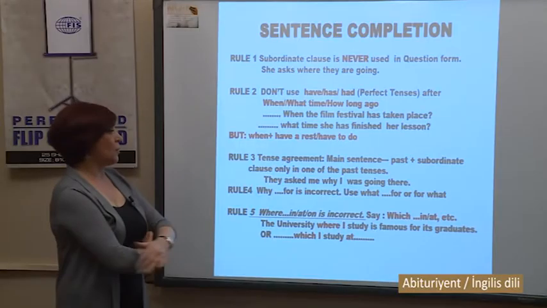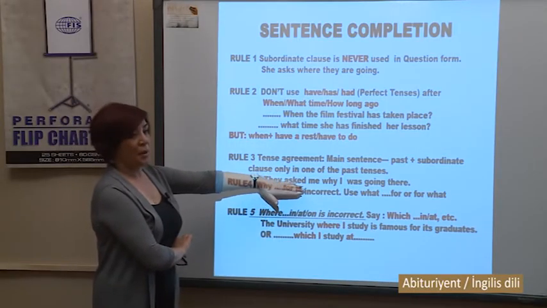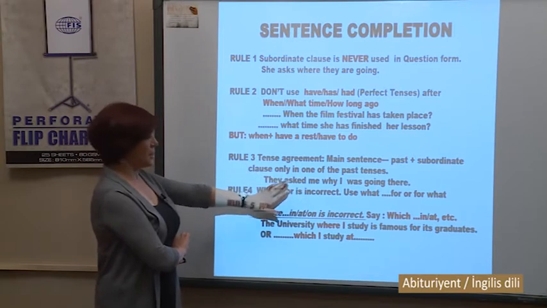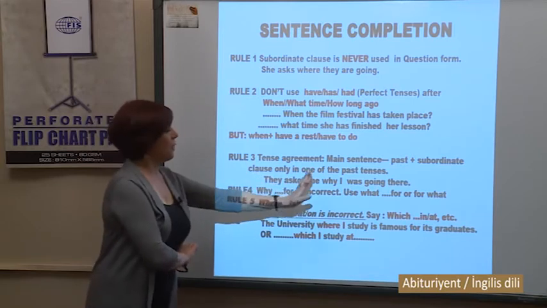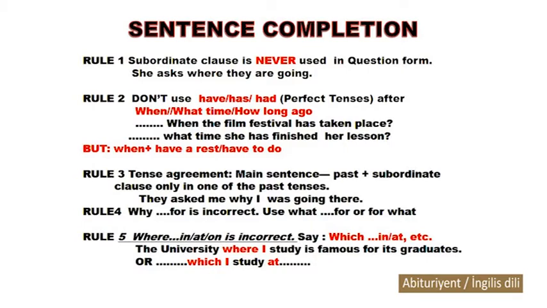It is incorrect. If our independent sentence, the main sentence, is in the past, the subordinate sentence is always in one of the past tenses: past simple, past continuous, past perfect continuous, and future in the past.